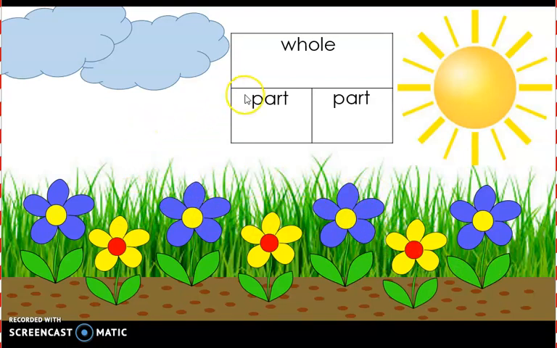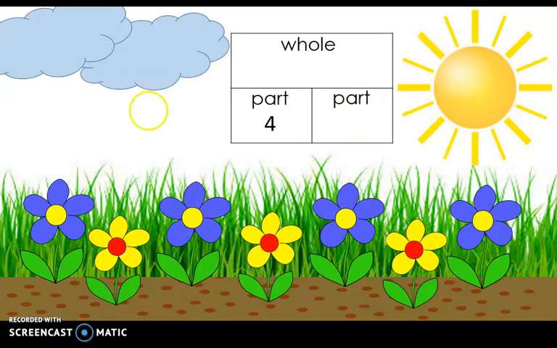So if we were to count the first part of my garden, the purplish blue flowers, let's figure out how many we'd have. Count with me. 1, 2, 3, 4. So up here where it says part, my first part, I'm going to put 4. The first part of my garden are the blue flowers, and there are 4 of them.